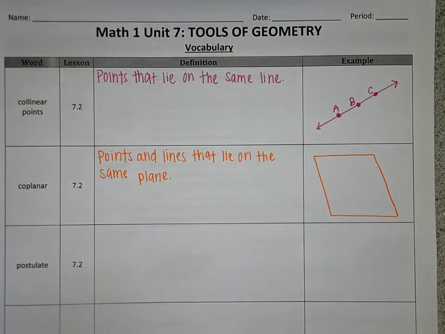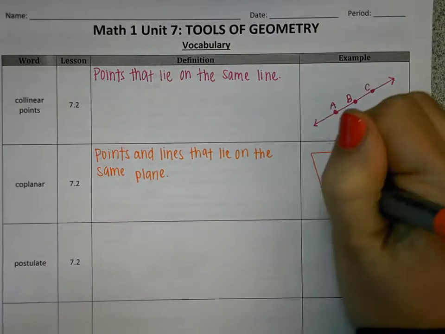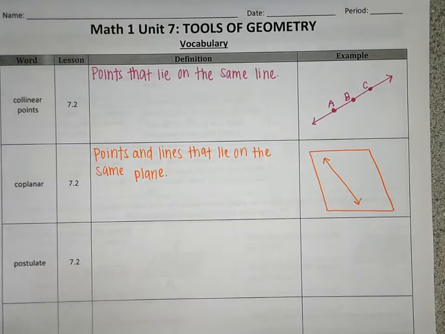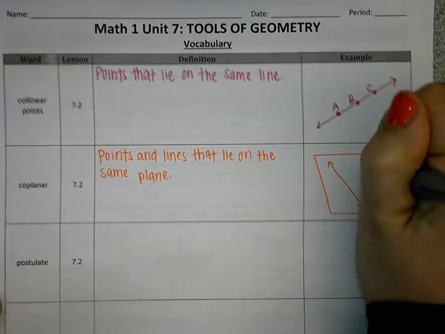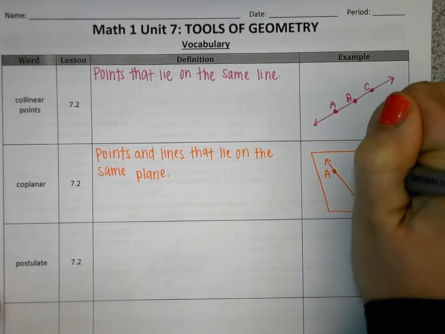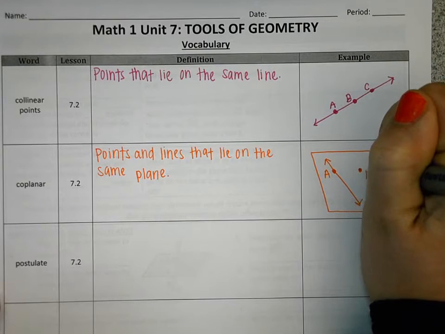A plane is similar to like the floor, and you guys are the points, and the line that connects you to somebody else is the line. So on a plane, you can have lines that run through it or that lie on it, but we can also have points on the line. You can have points just on the plane, not on the line.